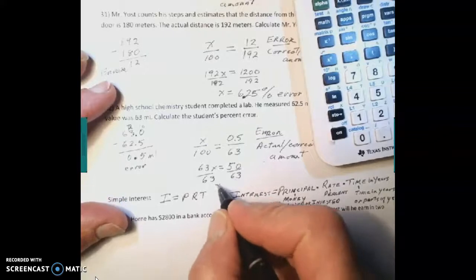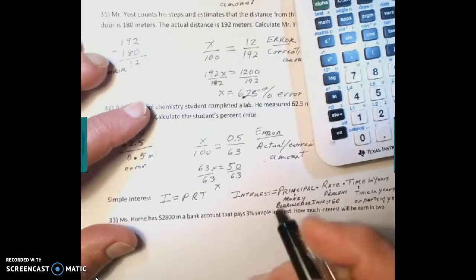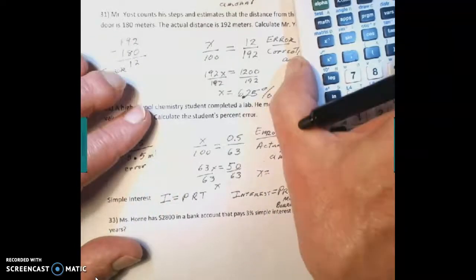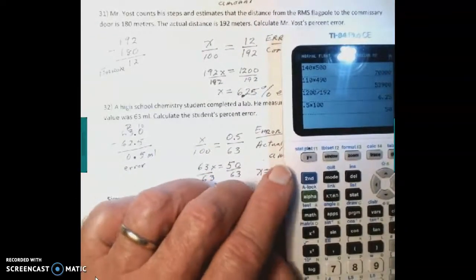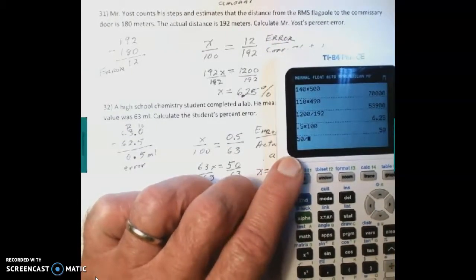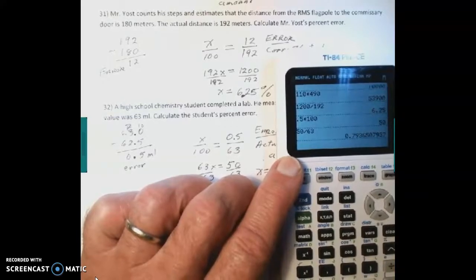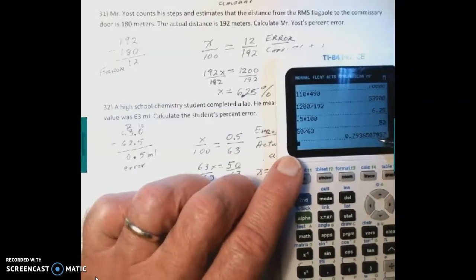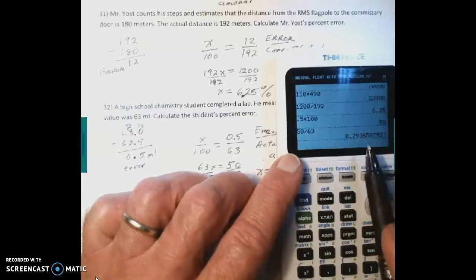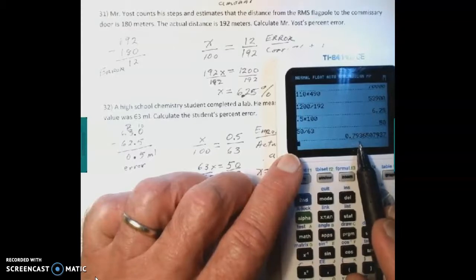X equals 50 divided by 63. You come up with 0.793605, and then it starts to repeat, 793. I would say rounding off to 2 decimal places is accurate enough. The hundredths column has a 9 in it.